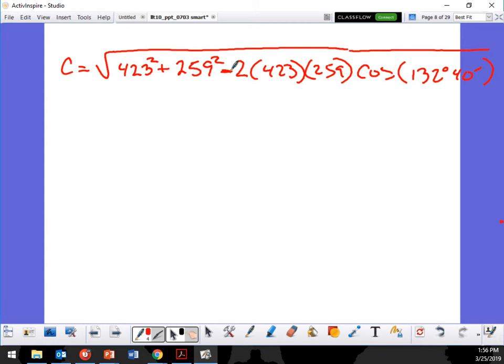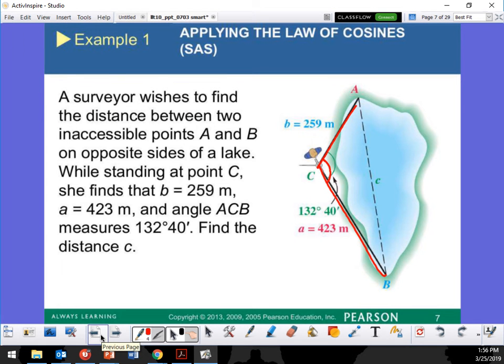Really? You have a calculator? It's 628. We're not doing decimals. Meters or miles?